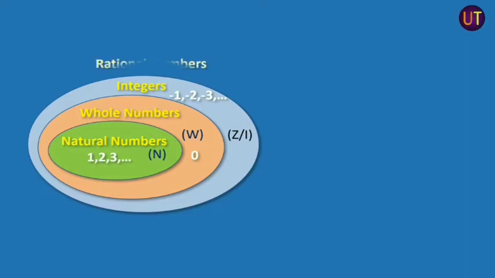Now, what are rational numbers? Numbers that can be written as p by q, where q is not equal to 0 and p and q are co-primes, that is, there are no common factors between p and q. Like 2. 2 can be written as 2 by 1.